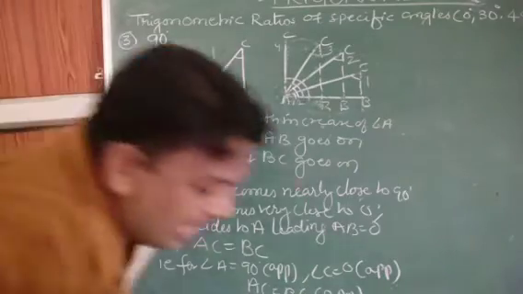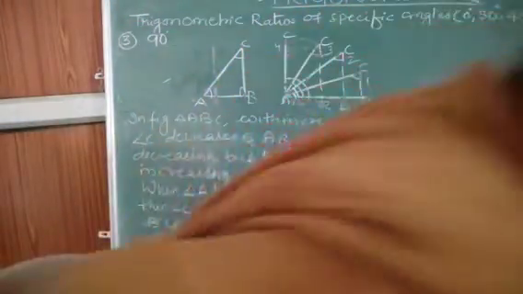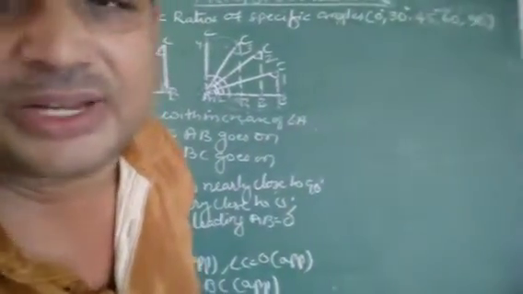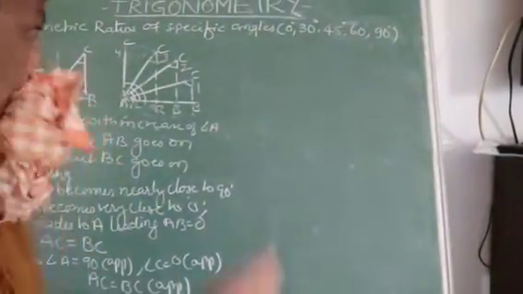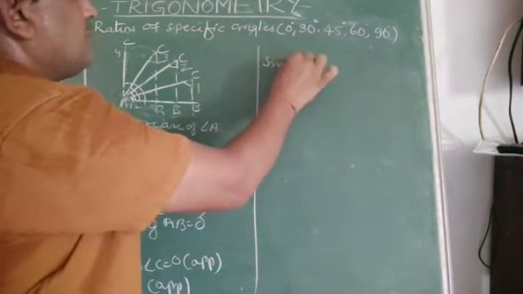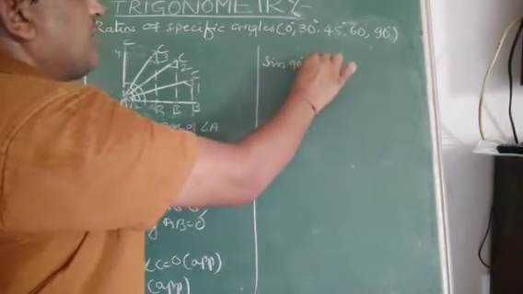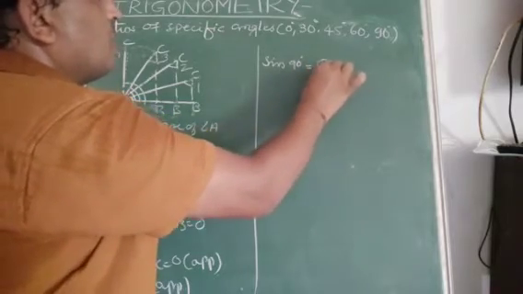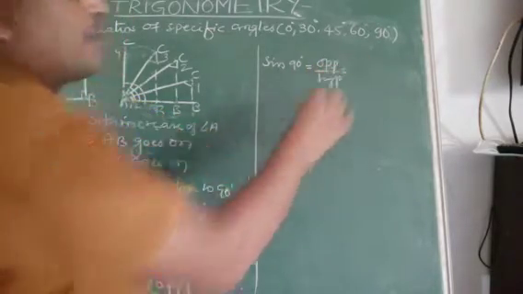Okay children, with the help of this we can find the trigonometric ratios for 90 degrees. See how, children? Sine, we have to find out 90 degrees now. Sine 90 is equal to opposite upon hypotenuse.